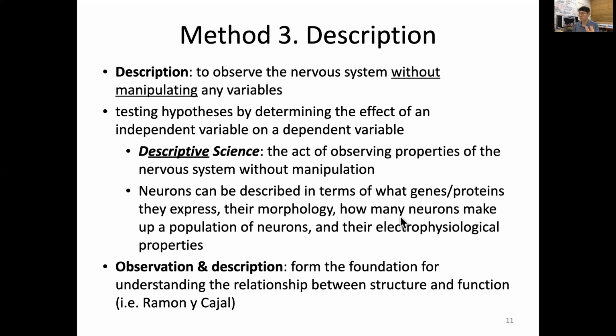And how many neurons make up a population of neurons, whether it's a big chunk of population or small, and also their electrophysiological properties such as action potentials. We can describe this by looking at or measuring. Okay, so that's descriptive science.